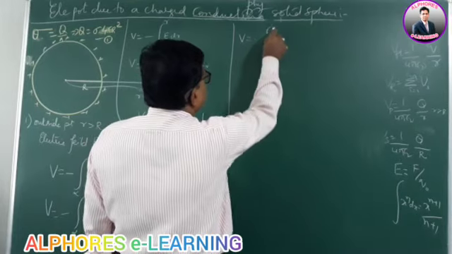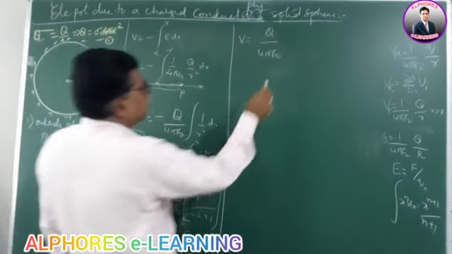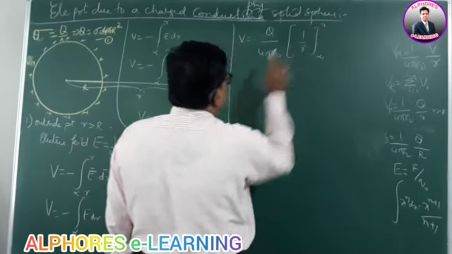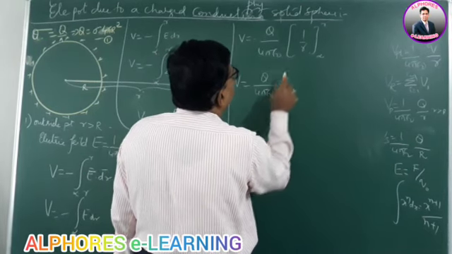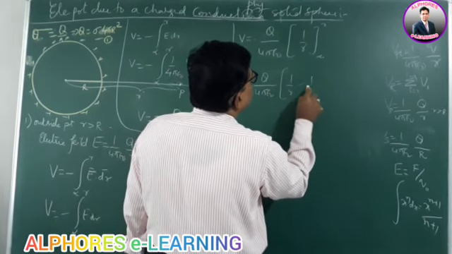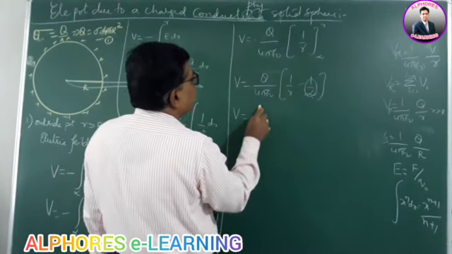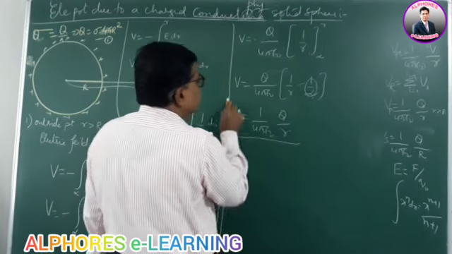So the potential is Q by 4 pi epsilon naught, 1 by R from infinity to R. So V is Q by 4 pi epsilon naught, upper limit minus lower limit, and 1 by infinity is 0. So the potential is 1 by 4 pi epsilon naught Q by R. This is the formula.